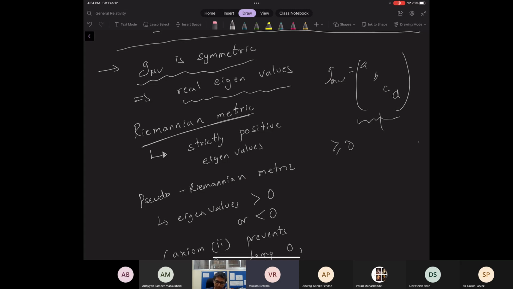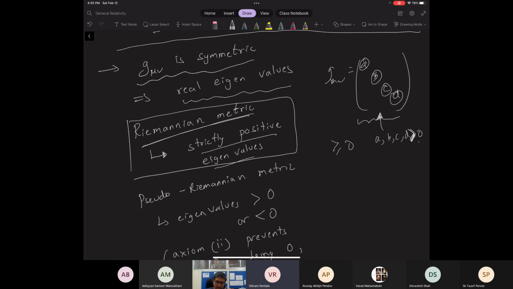So in components, what that translates to is that all these eigenvalues, the fact that this is a non-degenerate matrix means that these eigenvalues are all non-zero. For a Riemannian manifold, you're also imposing this additional property that all these eigenvalues of this matrix A, B, C, D are all strictly greater than zero. Strictly positive eigenvalues. That is the condition for a Riemannian metric.